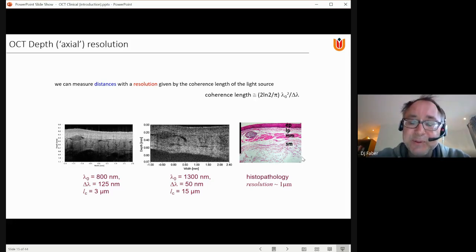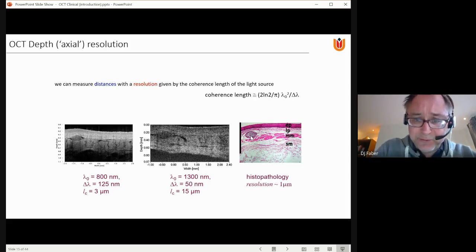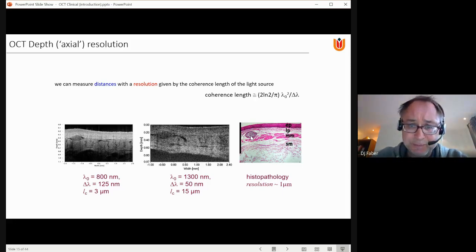And then we have histopathology, which is just taking the piece of tissue, cutting it up, coloring it, and imaging it under a microscope, where you can get a resolution of about 1 micrometer. Of course, you see much more detail there, but still some of the features, like this blob here, can be found in both the OCT images and the histopathology.